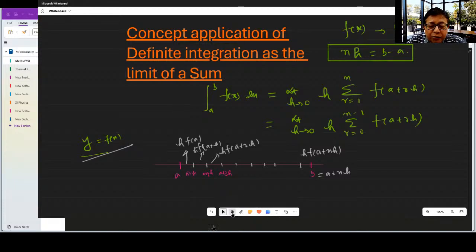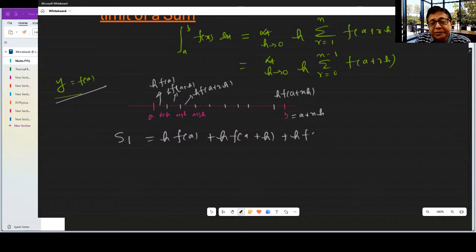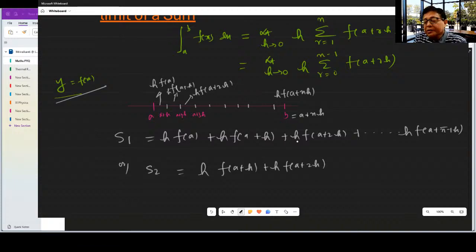Today you will understand how this sum S1 equal to h f(a), h f of a plus h, ... h f of a plus n minus 1 h, or S2 equal to h f of a plus h, h f of a plus 2h, and so on.